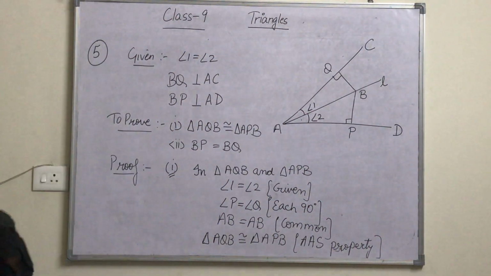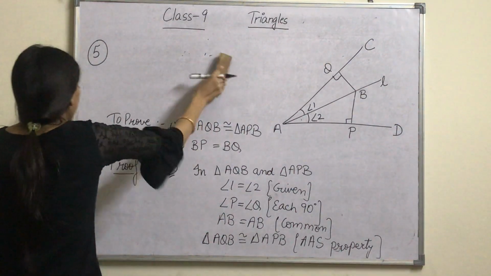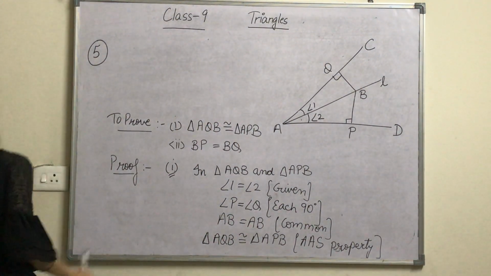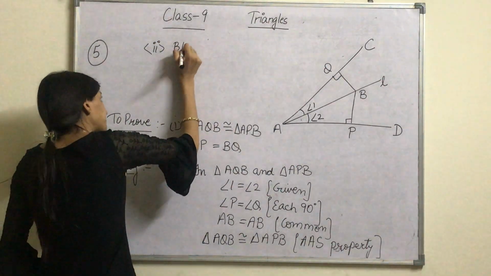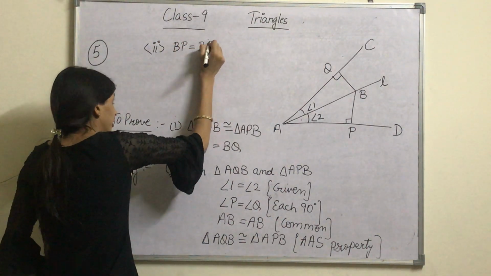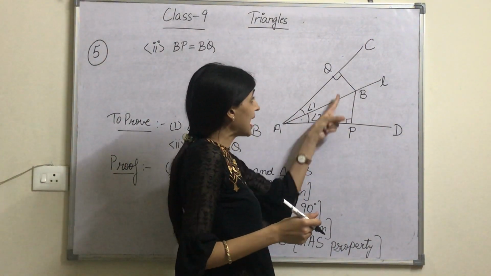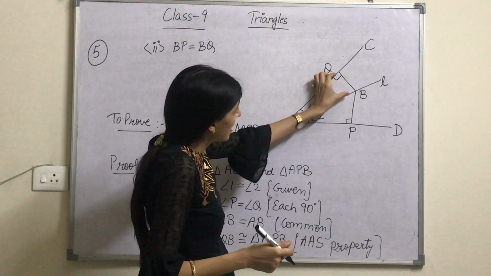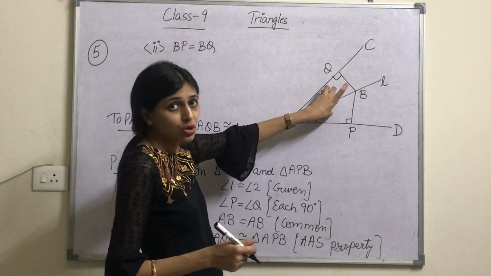Now, the second thing we have to prove, I am writing it down on the top. The second thing you have to prove is that BP equals to BQ. If you look carefully, this BP and BQ are part of these congruent triangles which we have proved to be congruent.